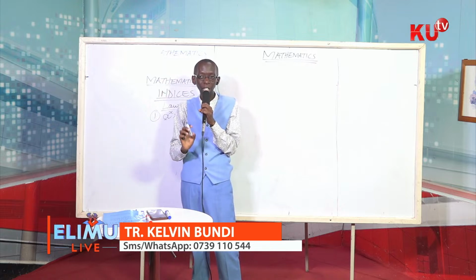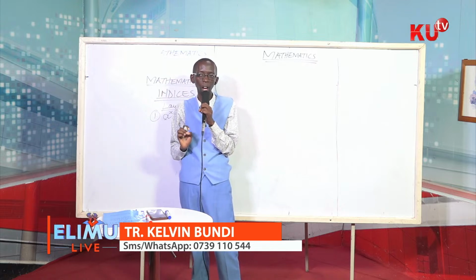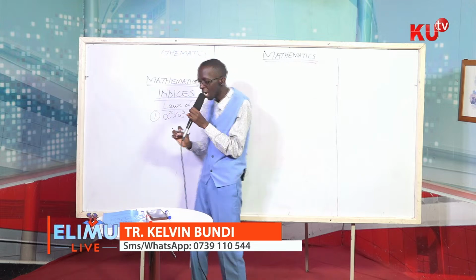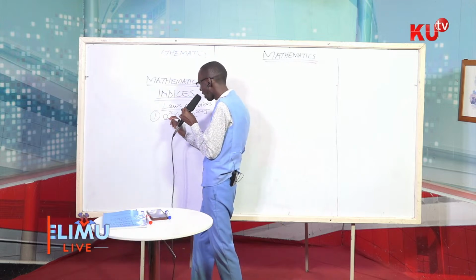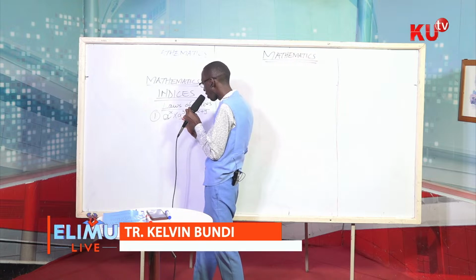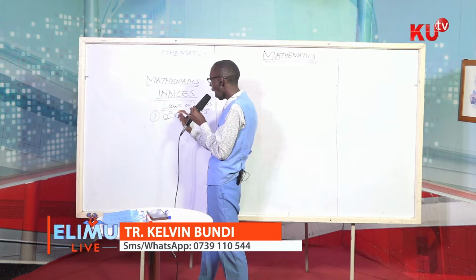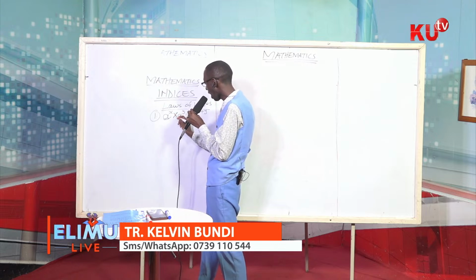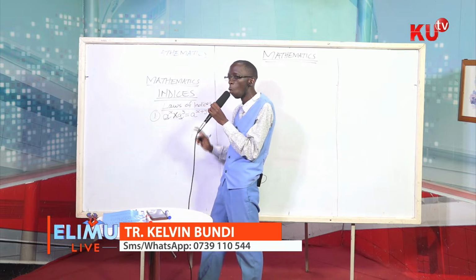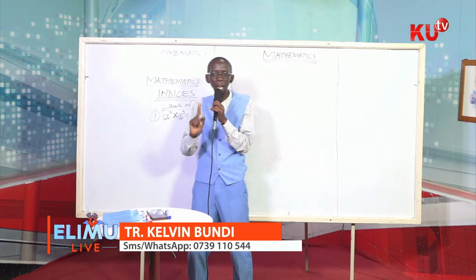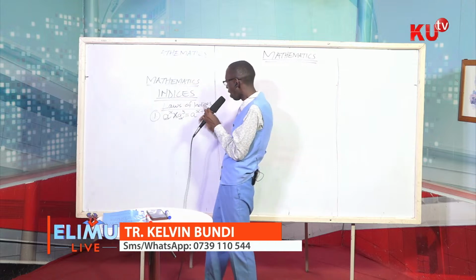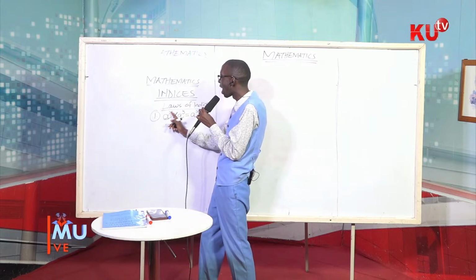So the first law of indices that we have stated here is: if the bases are the same, both of them are base a, and we have a multiplication sign separating the two similar bases, we can write that base as just one value and then add the powers.